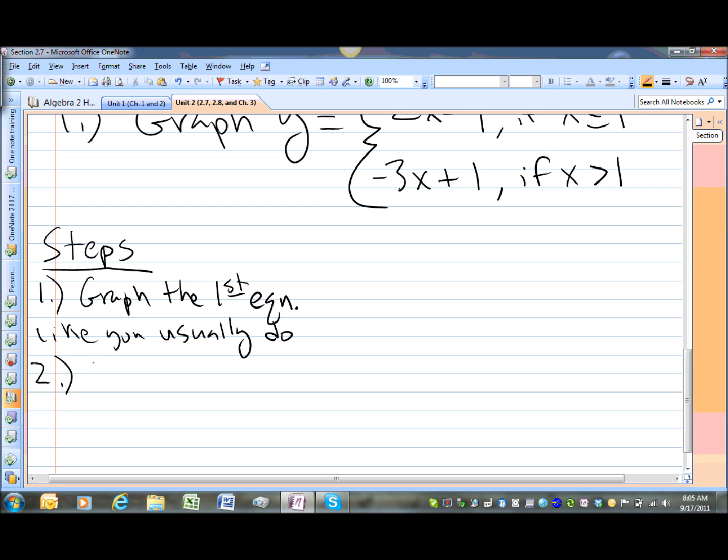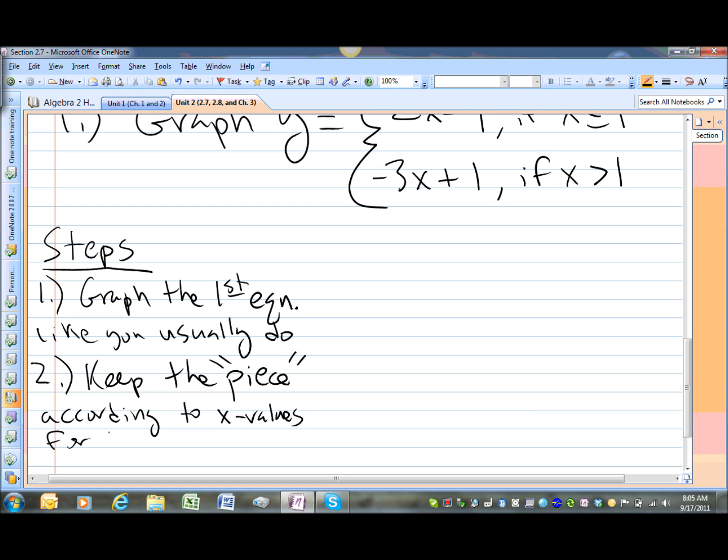Step two: keep the piece according to the x values for that equation. You'll see what I mean by that when we actually start doing this.